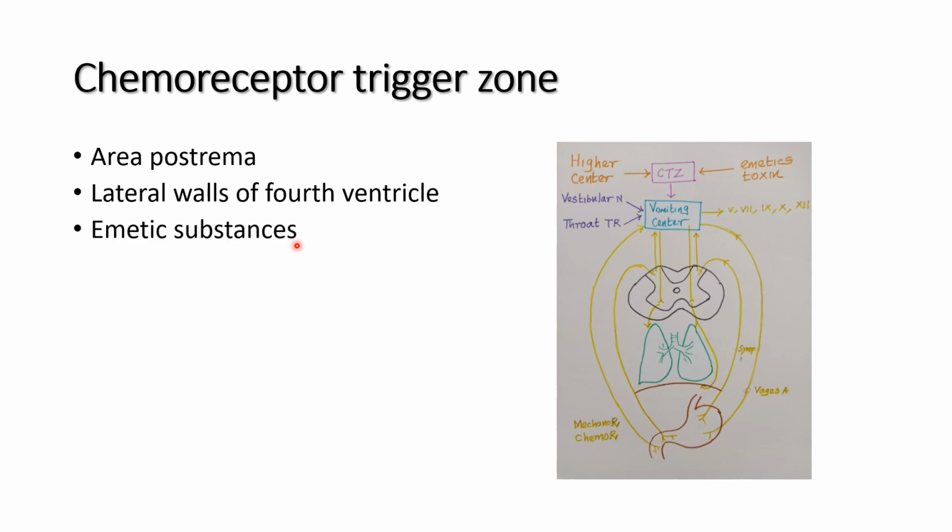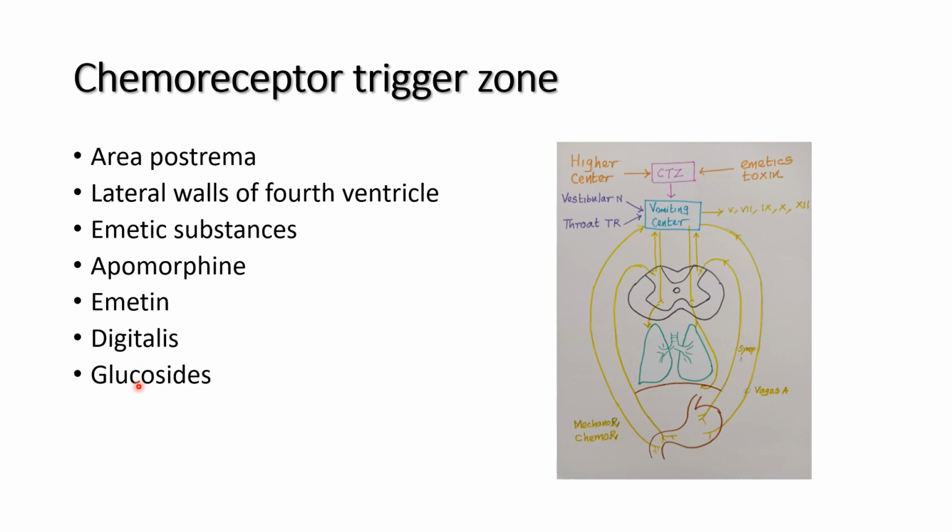So it is easily affected by emetic substances like apomorphine, emetine, digitalis glycosides, increased urea level in the blood, that is uremia, and radiation exposure. These stimulate the chemoreceptor trigger zone, which in turn stimulates the vomiting center.